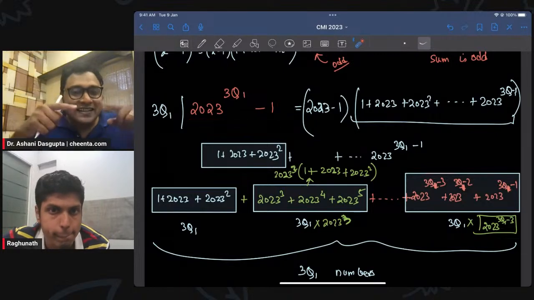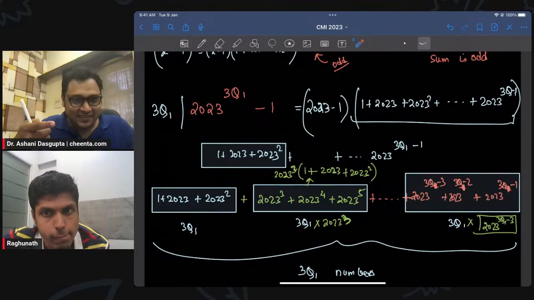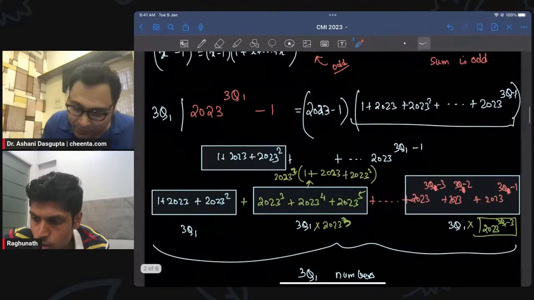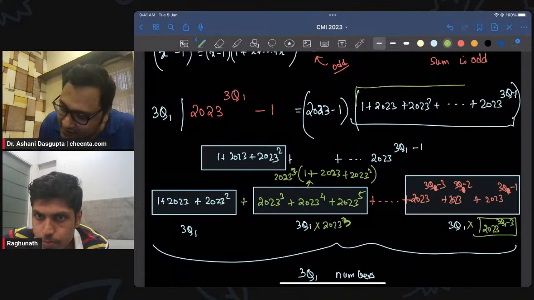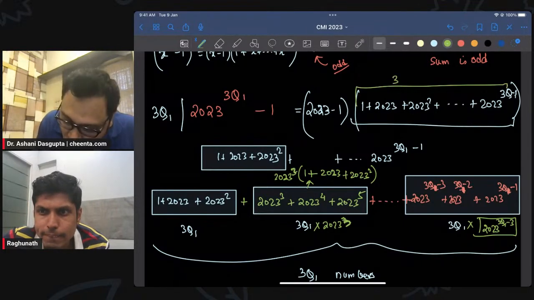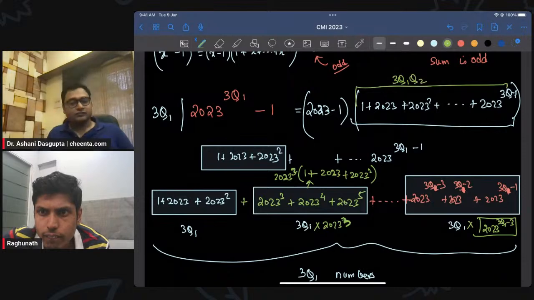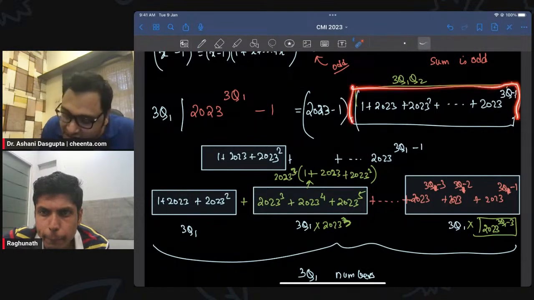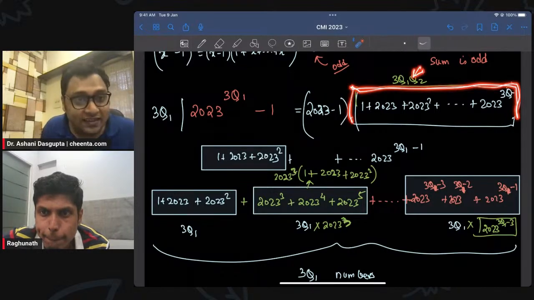Okay, now we can just repeat the same process. So since this part is divisible by 3q1, suppose this entire quantity is 3q1 q2, and q2 is odd. Why is it odd?